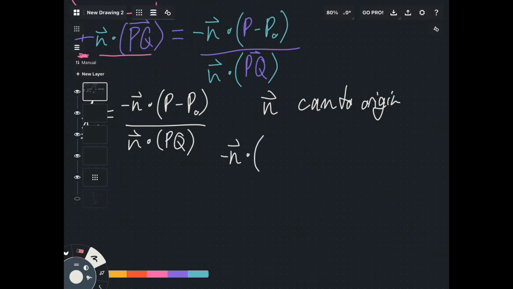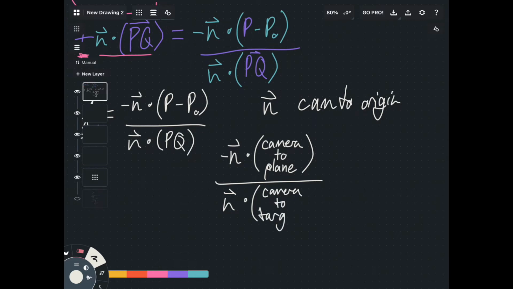N dotted with, and our first dot here is the camera to plane vector. So camera to plane, which for our purposes is the same as the camera to the origin, because the camera to origin is the same as the normal plane, over normal plane dotted with camera to target, which is one of the vertices on our 3D object.